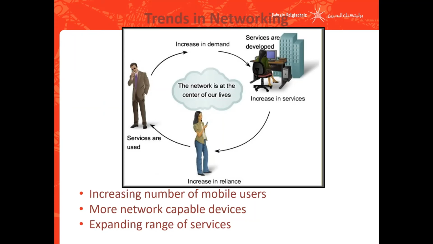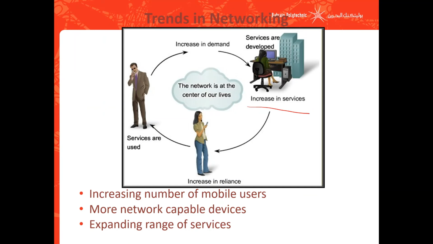Now, there's a trend that we see in networking. We see an increase in mobile users. We see a huge increase in people using devices like computers and laptops, but also mobile, right? And that's why services are developed for those mobile users.